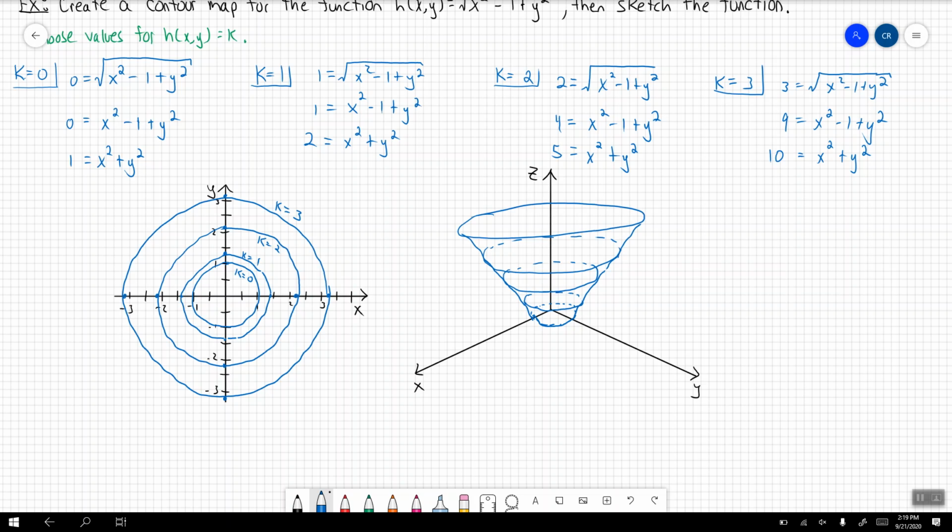Again, this is just to get that visualization of using the domain, the range, and a contour map to start visualizing what these surfaces look like in R space 3. More specifically, not just surfaces, but also these functions and what they look like in R space 3.